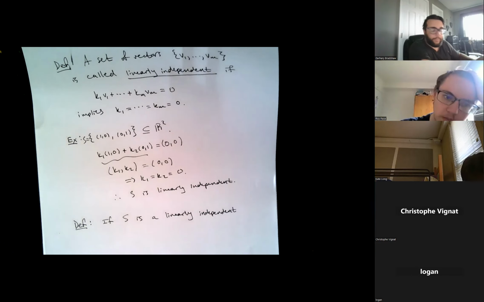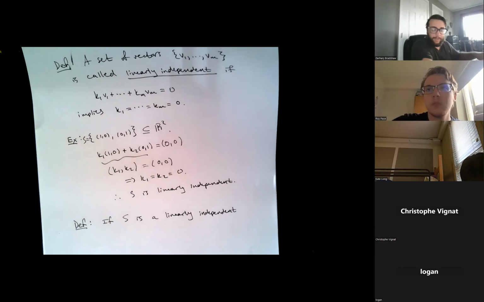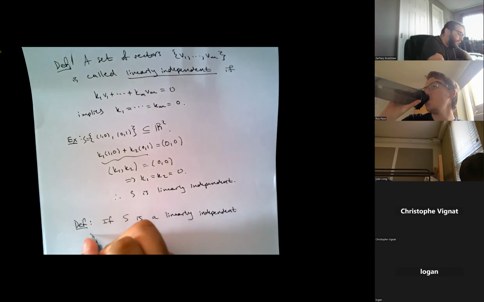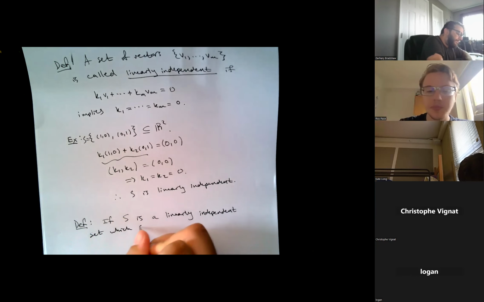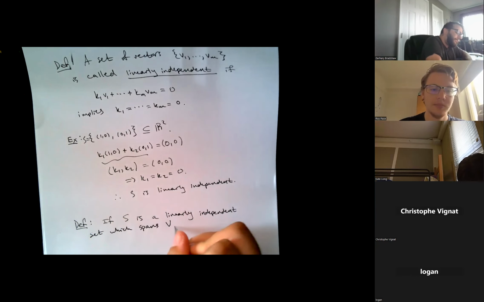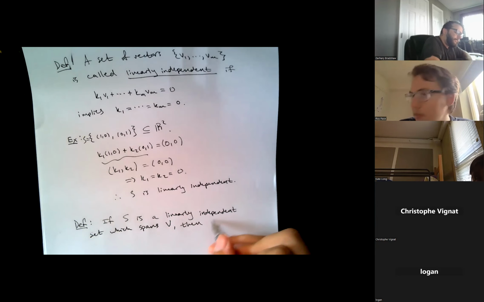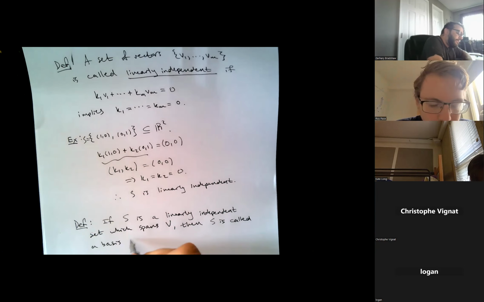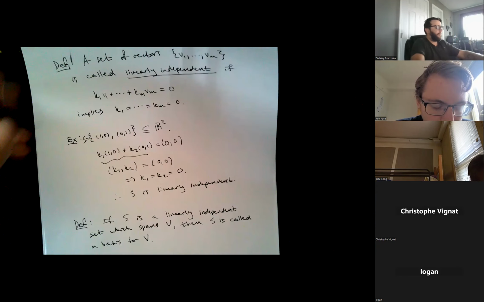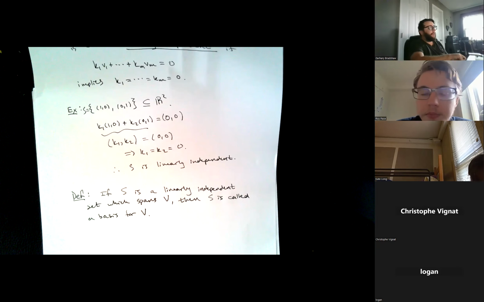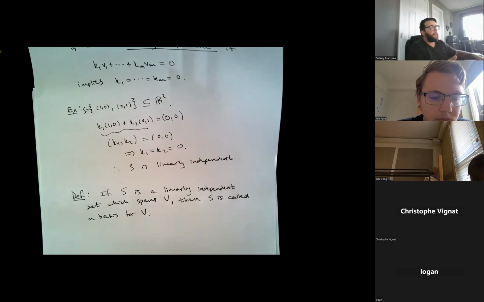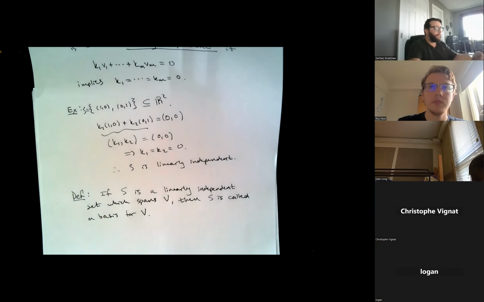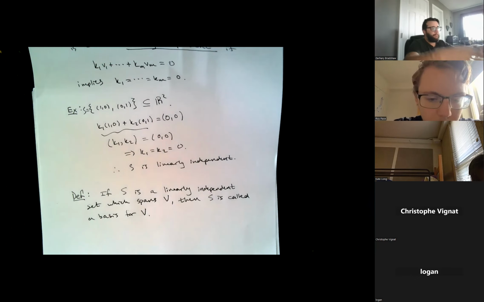Okay. So if S is a linearly independent set which spans a vector space V, then S is called a basis for V. So the idea is that if you have an element of a vector space V, you can write it as not just a linear combination of some subset of vectors, but also a unique one.